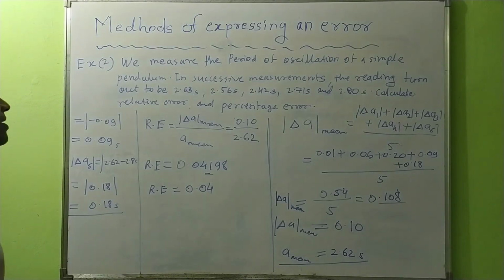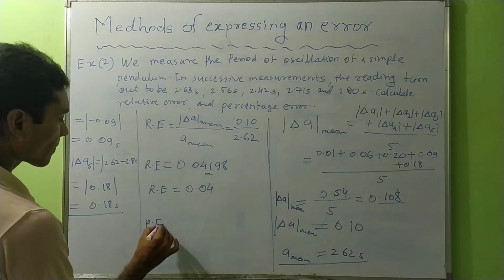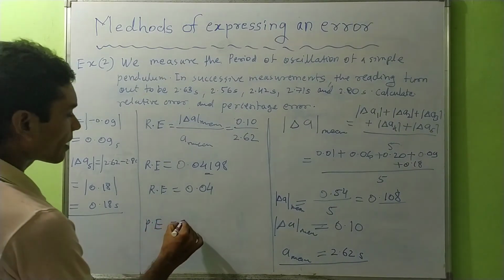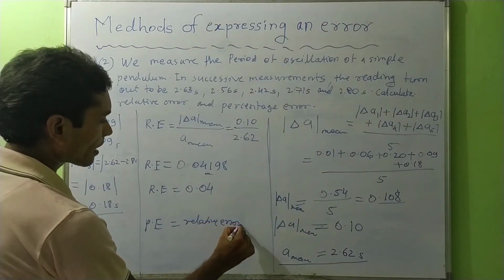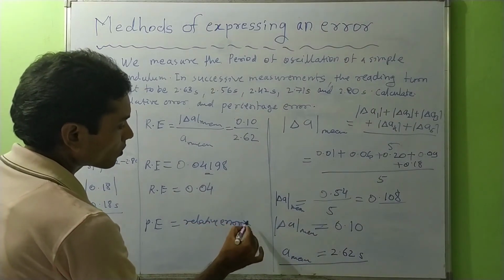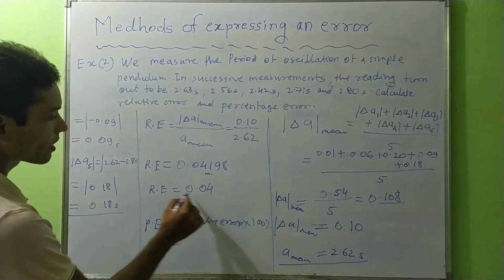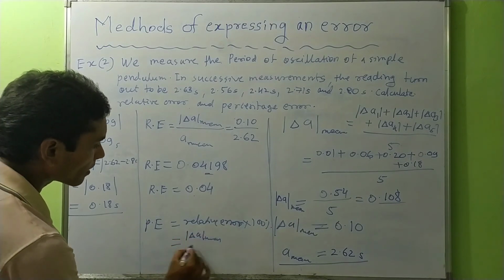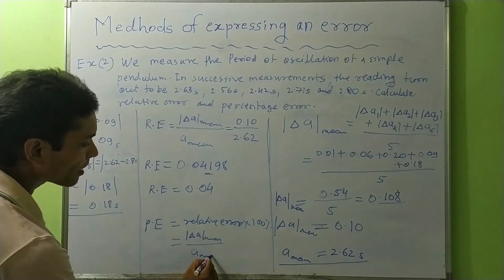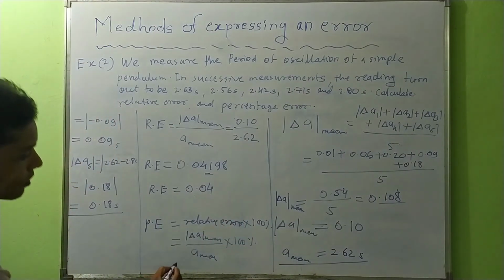Now we can find the percentage error. So what is the percentage error? Percentage error is the relative error into 100%. So what is the relative error here? Mean absolute error upon A mean.